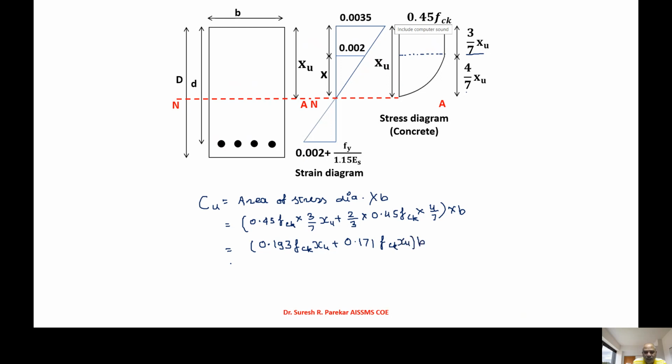If we solve this, we get 0.364 fck into xu. This is the value of Cu. Now Cu will be considered as 0.36 fck into xu.